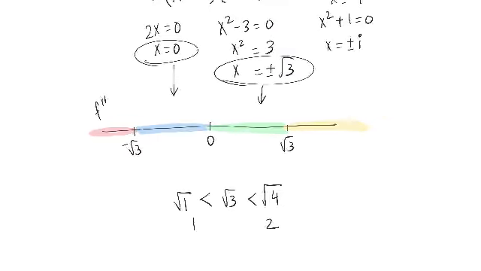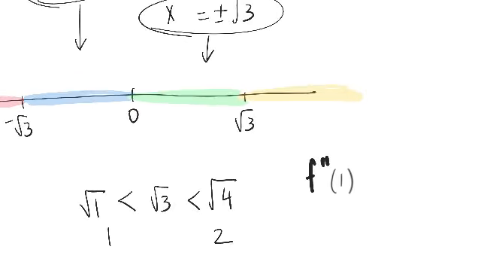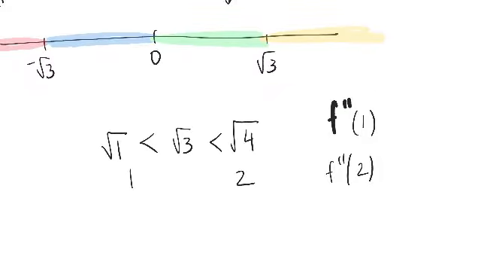And so you could do f double prime of, say, 1 in the green interval, f double prime of 2 in the yellow interval, f double prime of -1 in the blue, and let's say f double prime of -2 in the red.